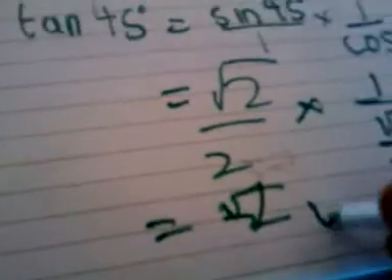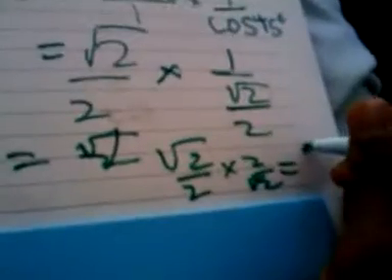So what happens? You know what happens? It flips up. So you have root 2 over 2 times 2 over root 2 equals 1. So tan 45 degrees equals 1.